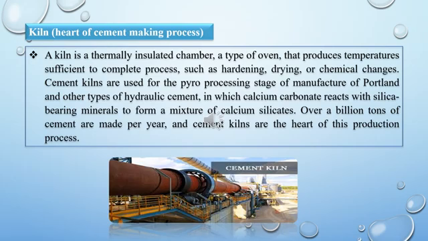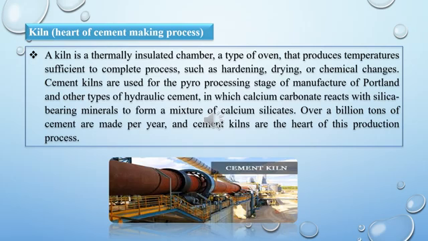In that kiln, there are different reactions which we are going to discuss. Calcium carbonate reacts with the silica bearing minerals to form a mixture of calcium silicates. Students, over a billion tons of cement are made by this process. That's why the kiln is known as the heart of the cement production process.